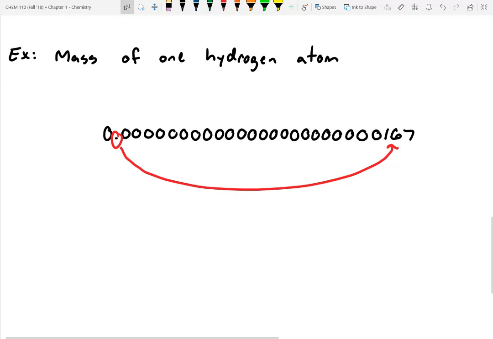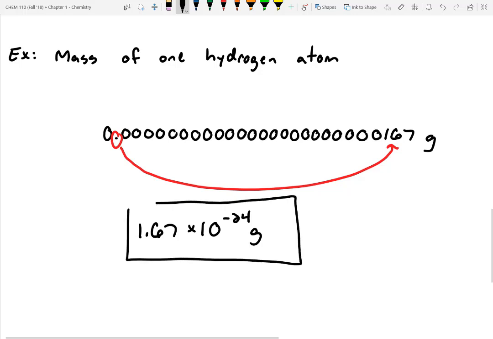Okay, so we can write this out now as 1.67 times 10 to the what? Yeah, negative 24 this time because we're moving to the right. And I forgot to include my units here, but this would be in grams. This is a lot easier than writing out all those zeros, otherwise it's easy to miscount. Does that make sense?